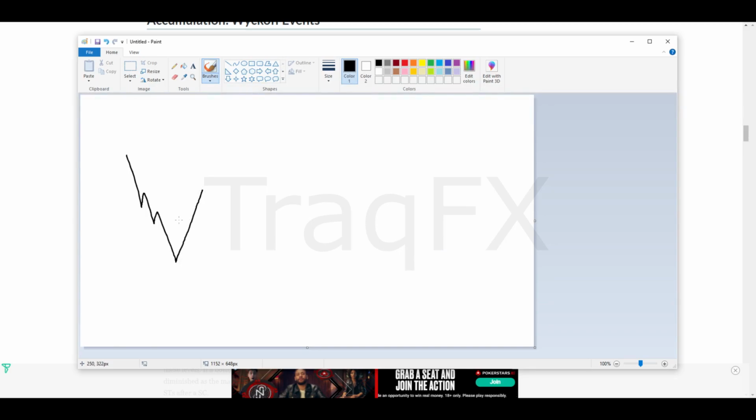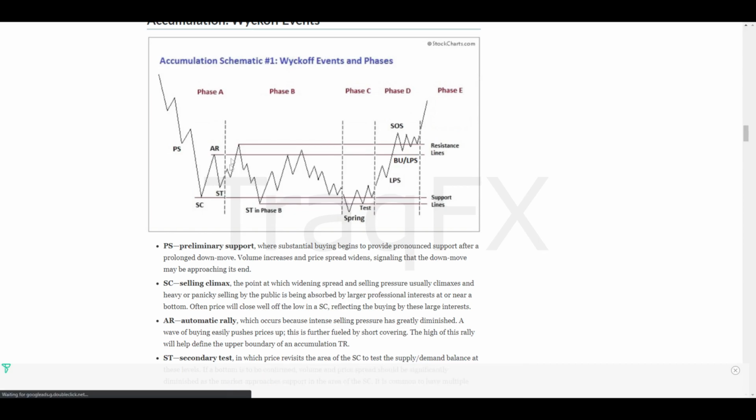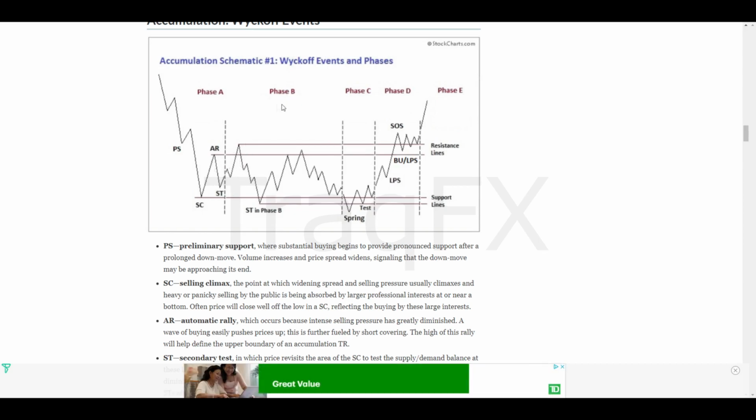Inside of this push up, you're going to see a demand zone and most likely an institutional candle, and the market is going to have to come back down to retest that institutional candle. This can be seen as your secondary test, where the market makes a second test in the same area of that selling climax, and then from there you'll most likely see a small wave of buying pressure form. So then you see that move up, and now we're in phase B.